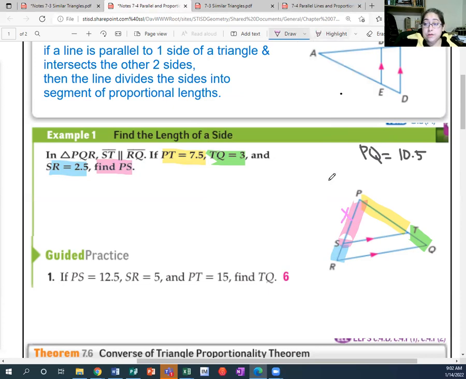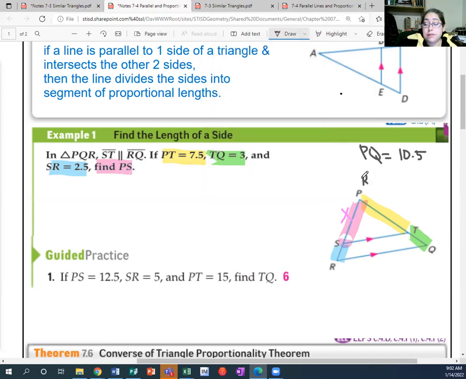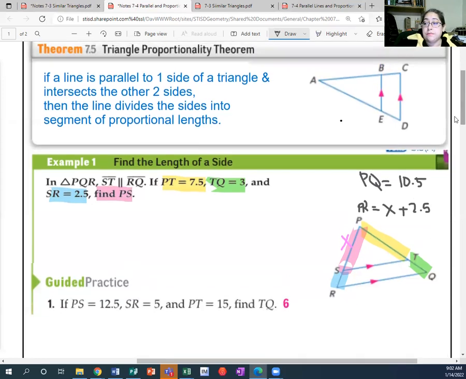Okay, we can figure out P to R. P to R is whatever I get when I add PS to SR. You know what? This theorem allows me to shortcut.